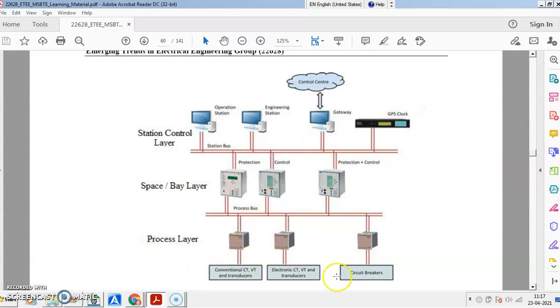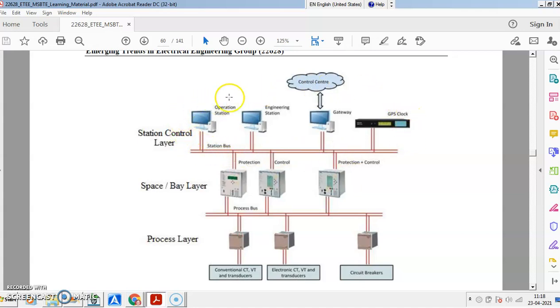Means if any particular circuit breaker is to be operated, the data is available over here at the control center. A particular feeder is overloading and needs to be operated, so the data is available at the control center. So here, the two-way gateway, the engineering station is operating. You have what we can call a judgmental station.